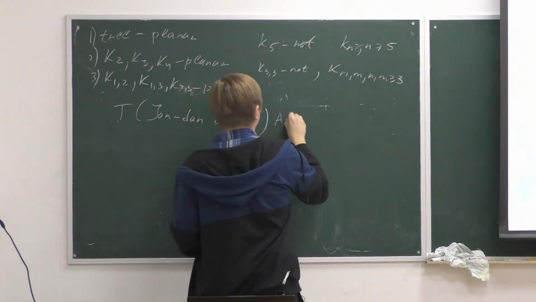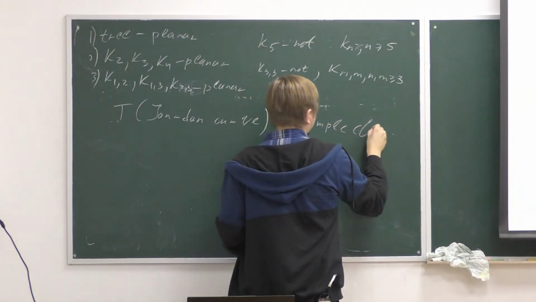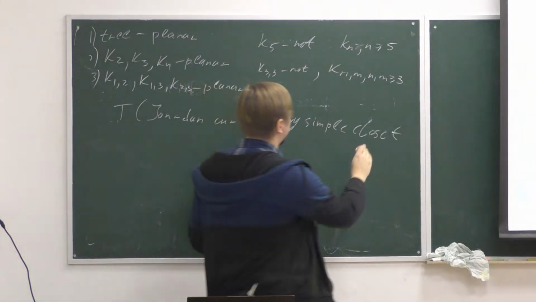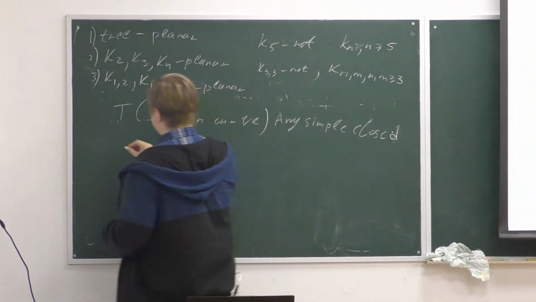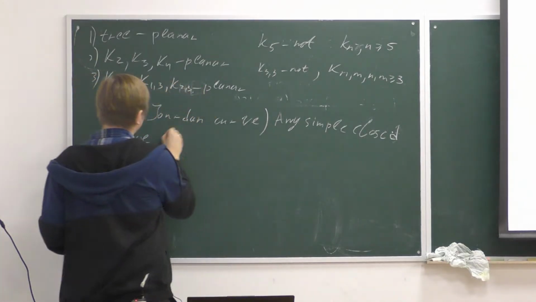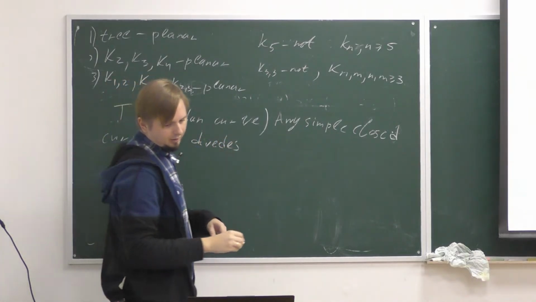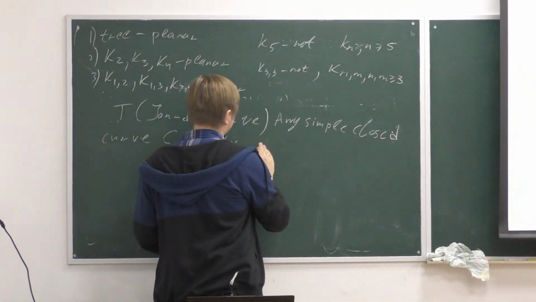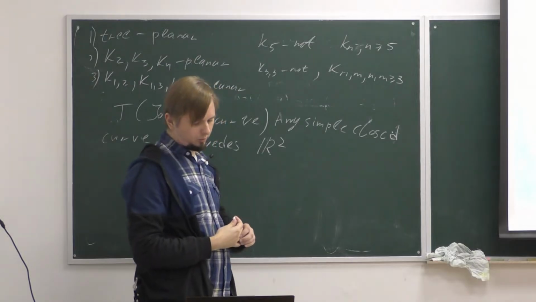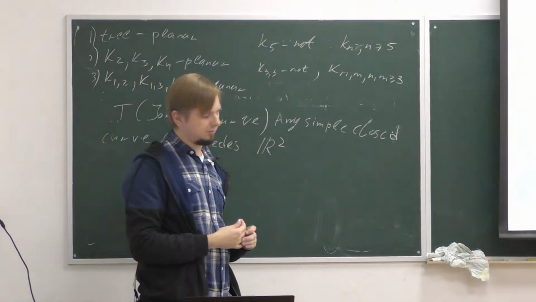Any simple closed curve C divides the plane into two disjoint subsets.